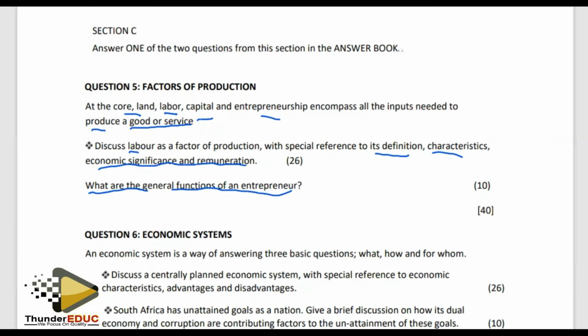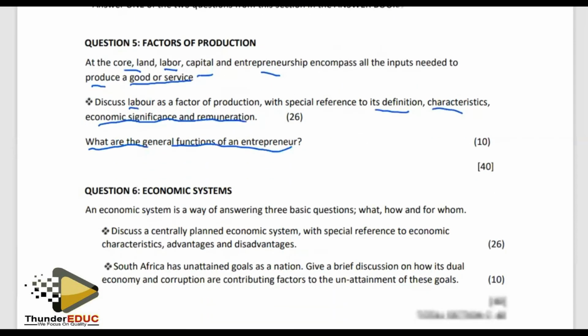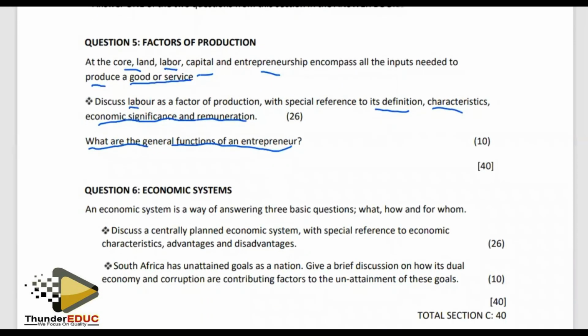Let's look at it. We are given parts. First of all, we are asked to elaborate on the concept of those factors of production. Let's look at the question. It is Question 5 of Section C. Don't forget to number the section and always start on a new page.